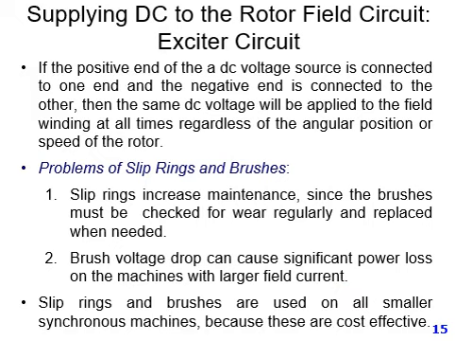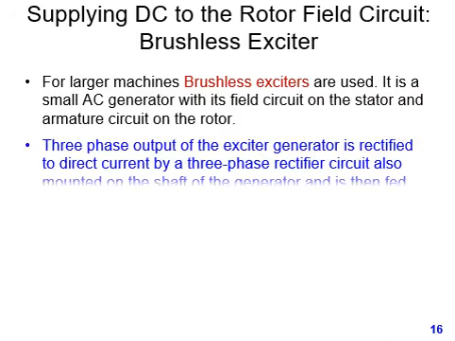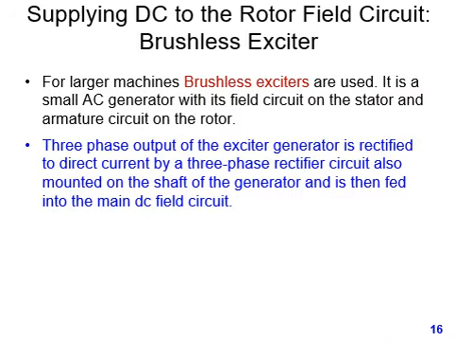Slip rings and brushes are used on all smaller synchronous machines because they are cost effective. But in the case of larger synchronous machines, we use brushless exciters, which are basically small AC generators with their field circuit on the stator and armature circuit on the rotor.